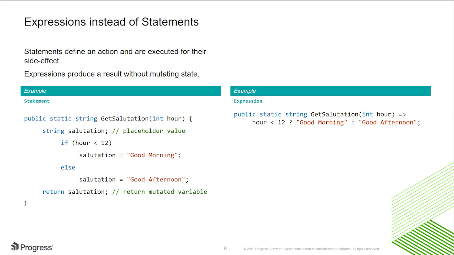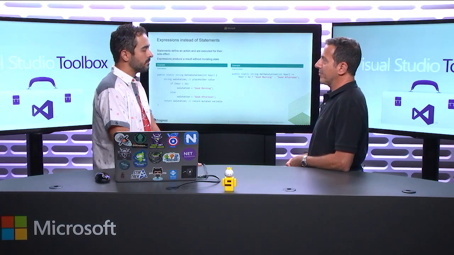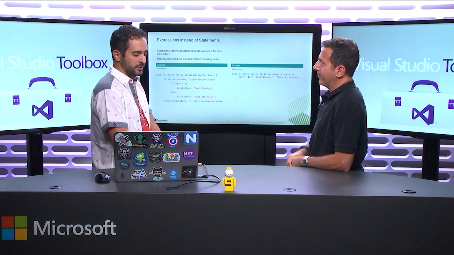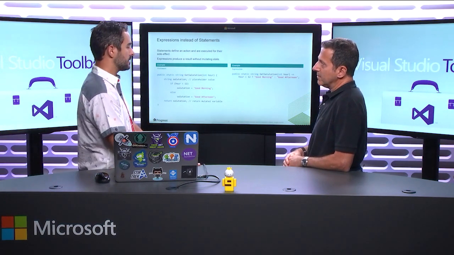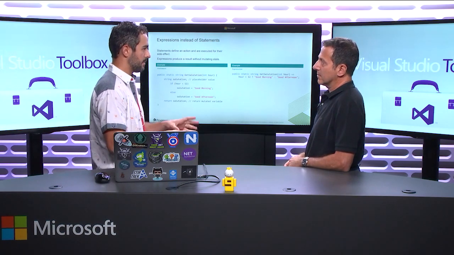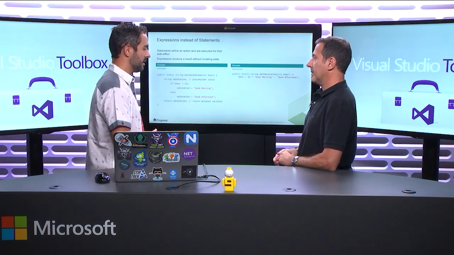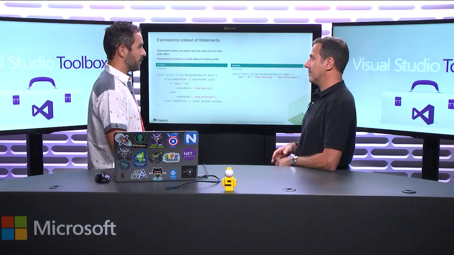But I never really thought of it as having anything to do with functional programming. I just thought it was a way of making it easier to code and giving me the ability to write less code. Yeah, a lot of the things I'm talking about weren't necessarily added to make C# a functional language, but to add exactly what you're saying, a better way to write simpler code with less ceremony.